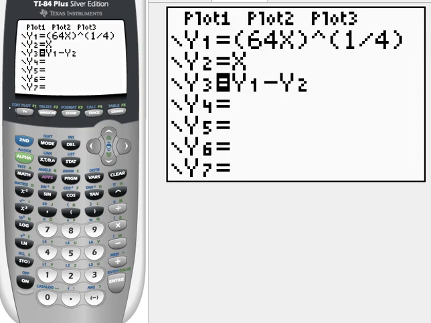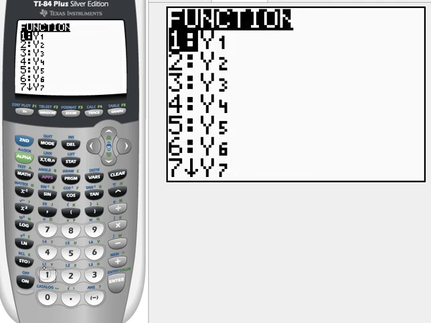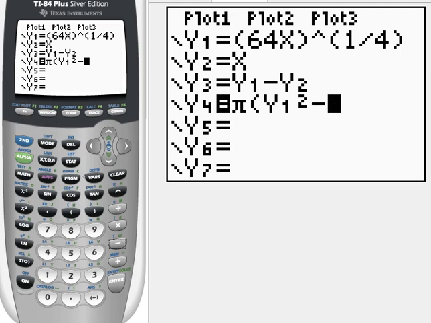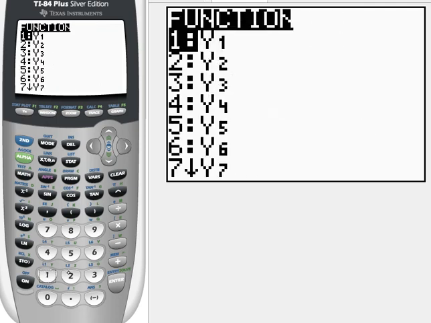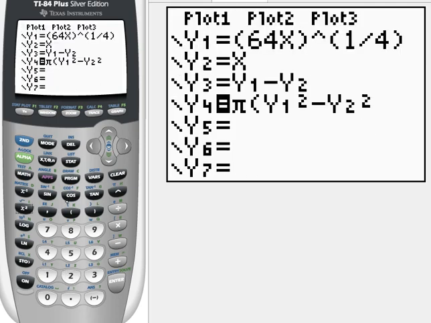What I want to do now is go back in. I want to find the washers problem, that is the volume of that region revolved around the x-axis. So I'm going to go down, and remember that that's a washers problem, so that's going to be pi times capital R squared, which is my y1, vars, y vars, function y1 squared, minus vars, y vars, function y2 squared, close parentheses, and now I have my washers problem.